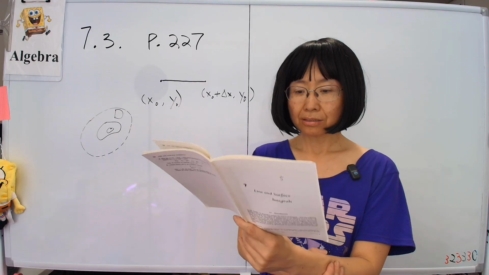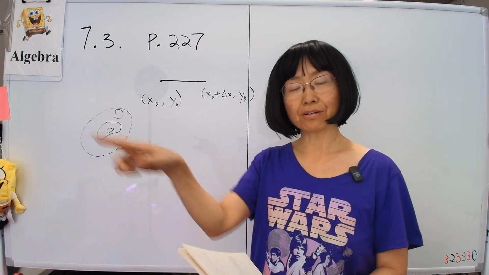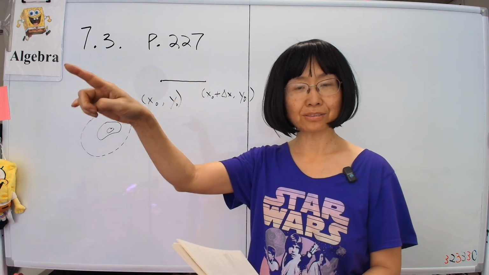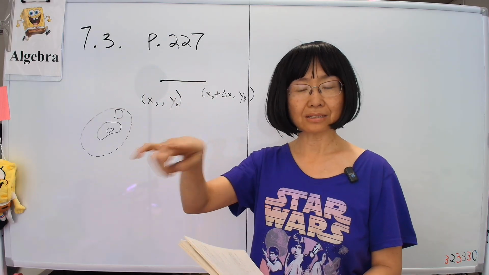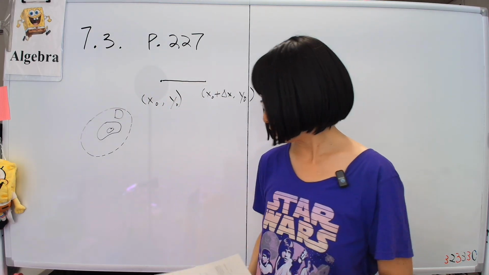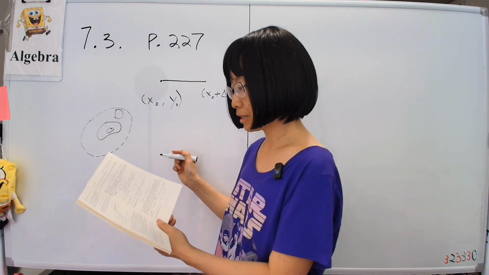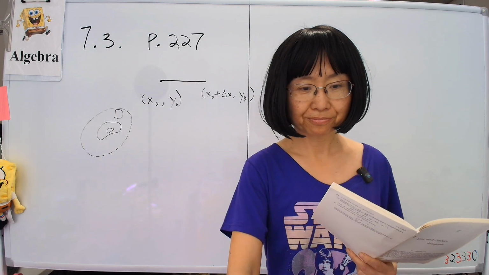Well, that's because if you go around it is 0, that means going to that point the value is the same. Maybe I should say that. Let me write that out.